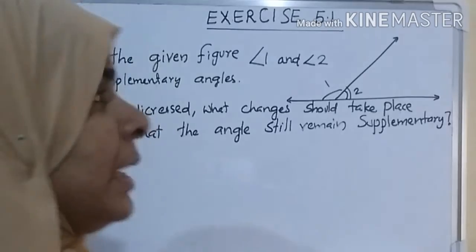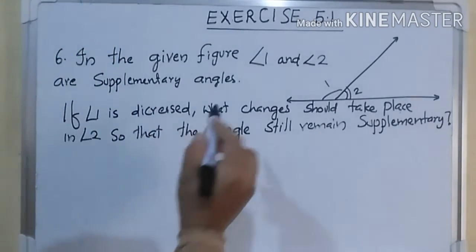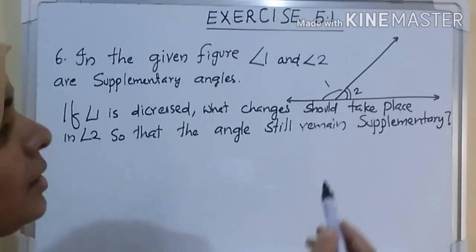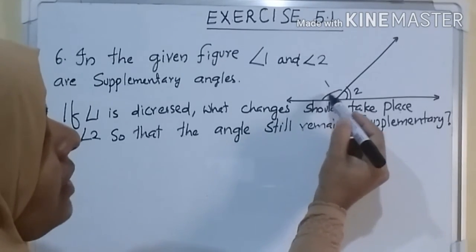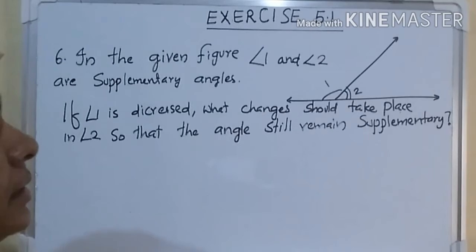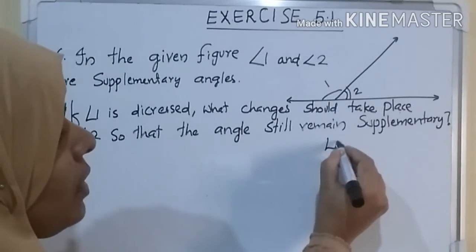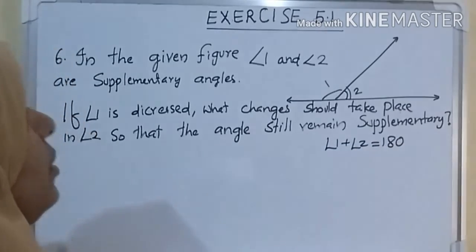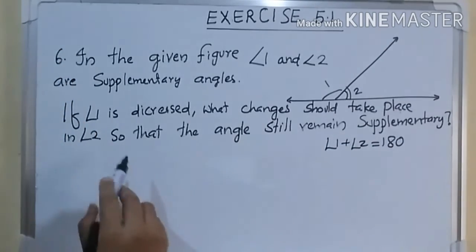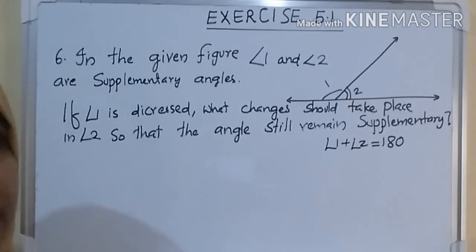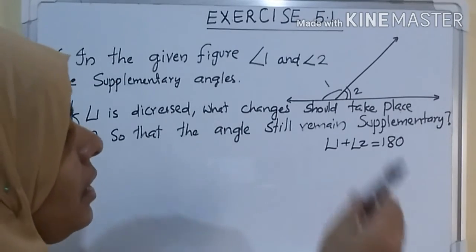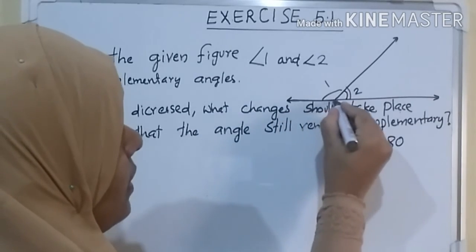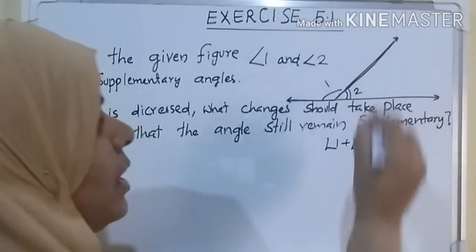Okay. Here we go, the sixth question. In the given figure, angle 1 and angle 2 are supplementary. Here it is given that angle 1 and angle 2 are supplementary. That means the sum of angle 1 and angle 2 equal to 180 degrees.